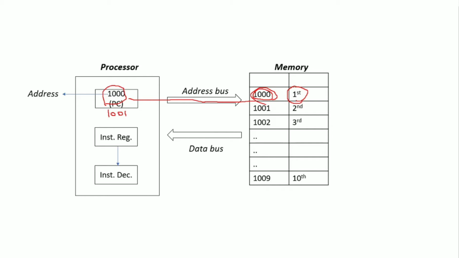As the value 1 is fetched, it will come back to the processor using the data bus, because the value is data, so it travels back to the processor using the data bus. And it will get stored into the instruction register. This is the instruction register.